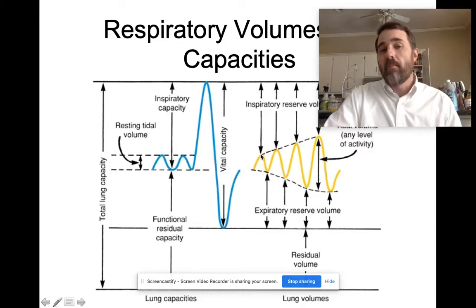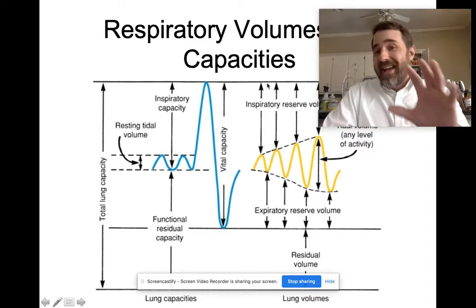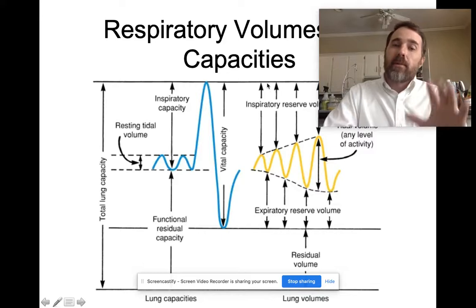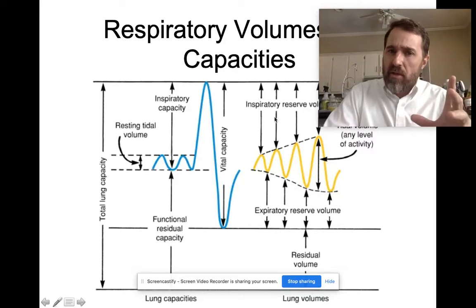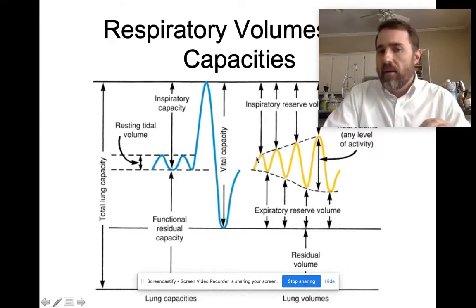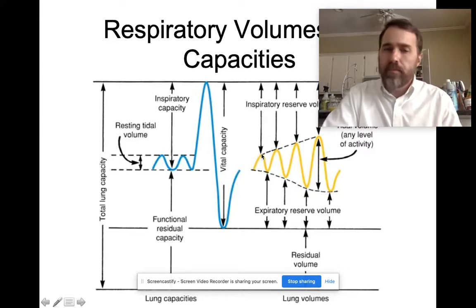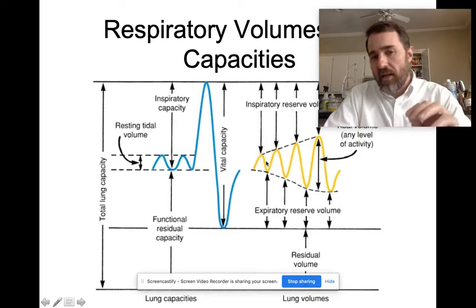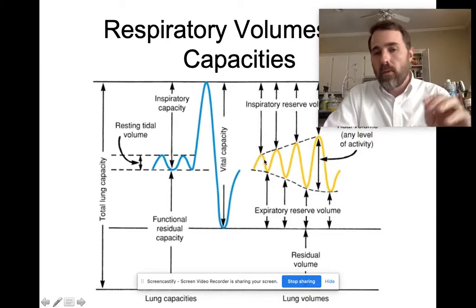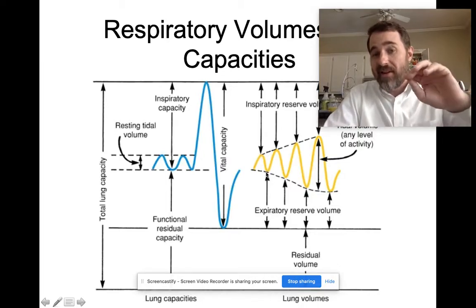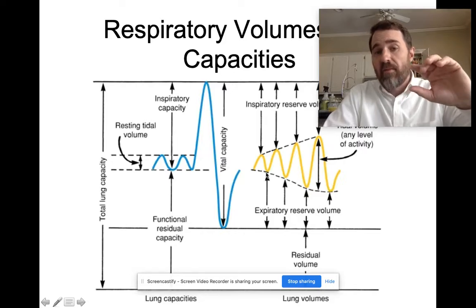Here's the volume above that I can inspire if I need to. So that's my inspiratory reserve volume up here, above the tidal inspiration. Looking at this tidal expiration, you can see that there is a volume of air below it.